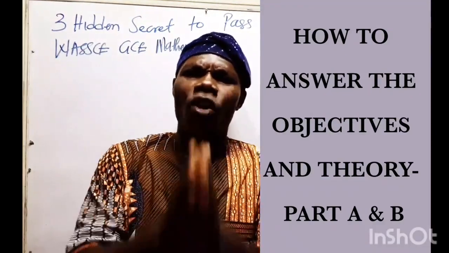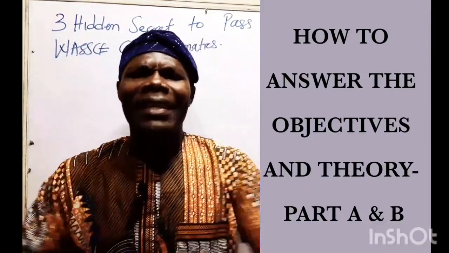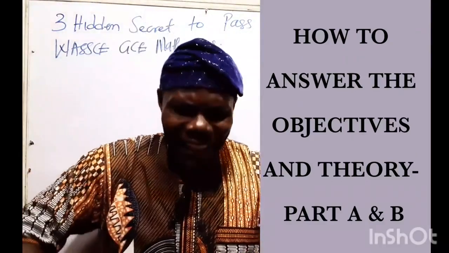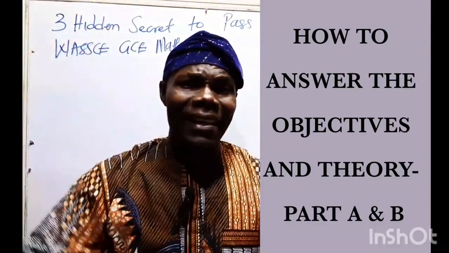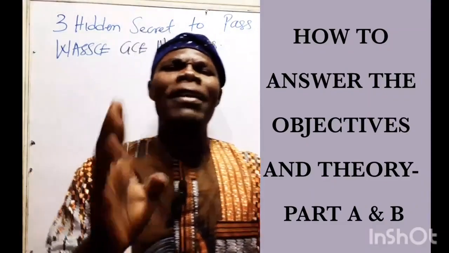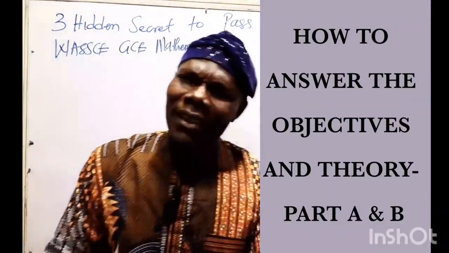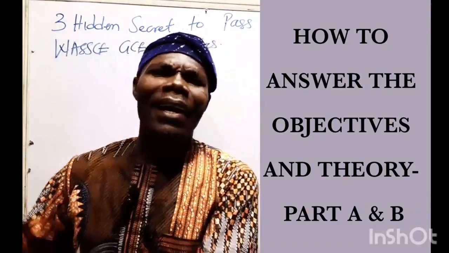They answer the compulsory part questions first. They use all the agility they have, the first energy, to solve only the 40-mark questions, and they leave the 60-mark questions.